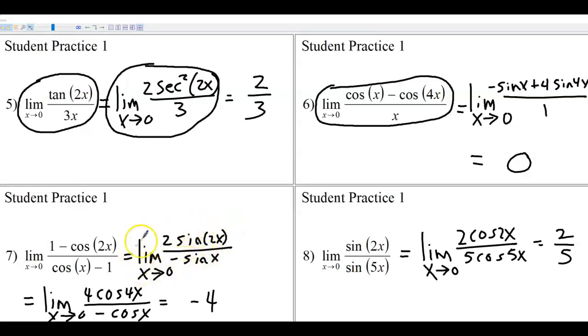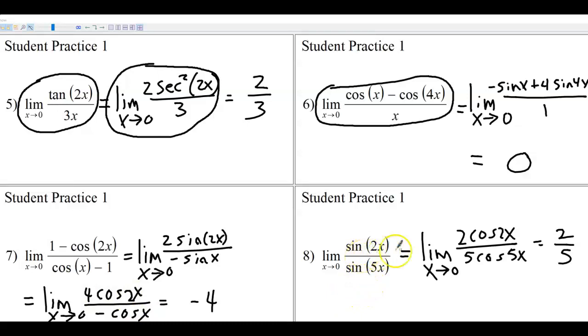So the derivative of this one would give us 4 cosine of, this actually should say 2x. There we go. 4 cosine of 2x over negative cosine x. Direct substitution, basically cosine of 0 is 1. So you basically end up with 4 times 1 over negative 1, which is negative 4.